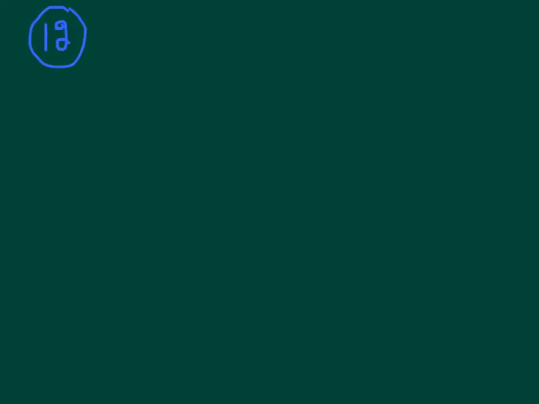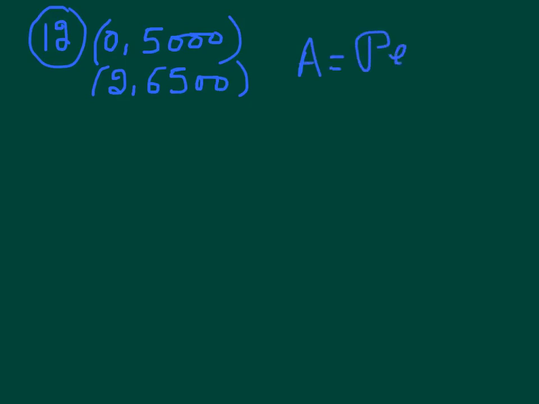Okay, number 12. We have the population when it started at 0, it's 5,000 people. 2 years later, it was 6,500 people. I'm going to use A = Pe^(rt). And so when you start out with 5,000 and end up with 6,500, we want to find out the rate at which it's increasing.